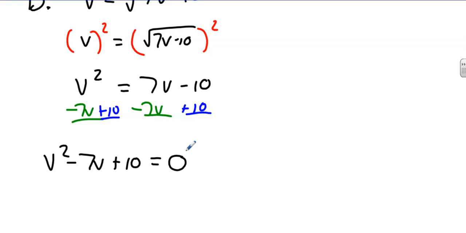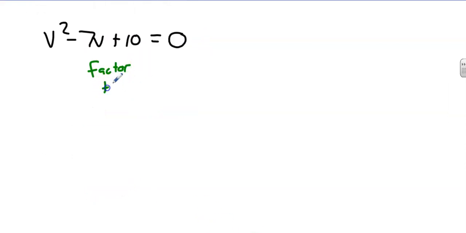Alright, again, when you bring it all to this side, you're going to have to factor. So we're going to find the factors of positive 10, where the sum would equal negative 7. Again, they shouldn't give you two awfully big numbers. It should be something fairly easy to work through on these. It is a negative 7, so the bigger number has to be negative.